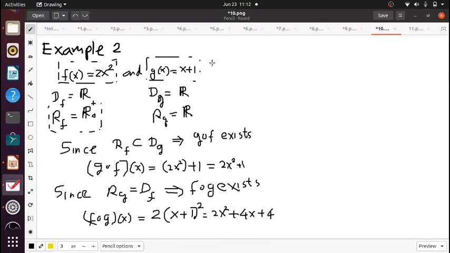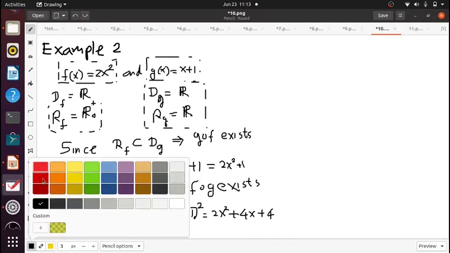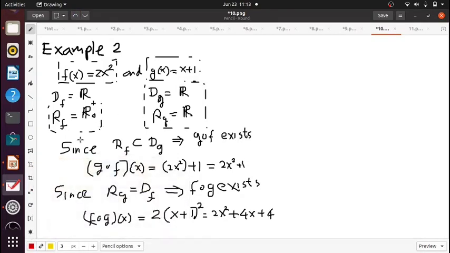The function g of x is a straight line, so the domain can take any value from the real set, and so the range will also equal the real set. Right? Now look at this R of f.